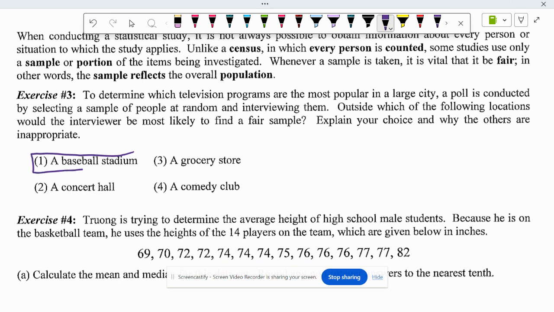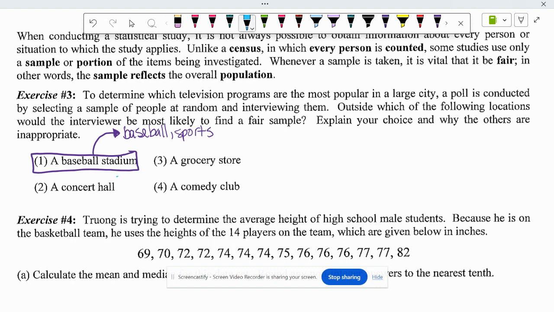If we were to stand outside of a baseball stadium and ask people like, hey, what do you watch on TV at night? What is your favorite programming? What do you think most of those people would say? Baseball or some sporting event? I agree. So they probably watch baseball or sports.